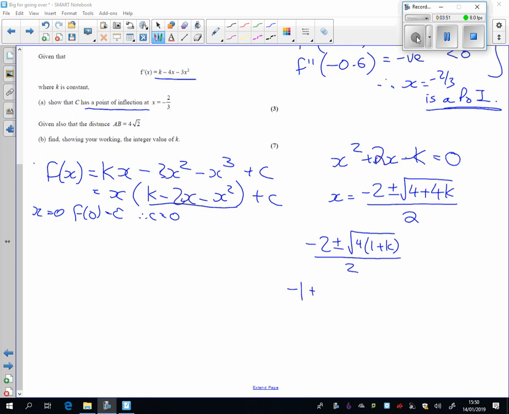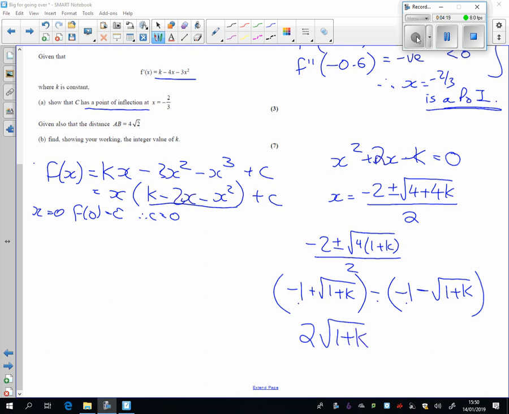That's minus 1 plus the square root of 1 plus k, that's one of them, and minus 1 minus the square root of 1 plus k, that's the other one. The distance between the two of them would be that one take away that one. That means the minus ones will end up cancelling out, so I'm going to get 2 the square root of 1 plus k. It's the distance between the two of them.